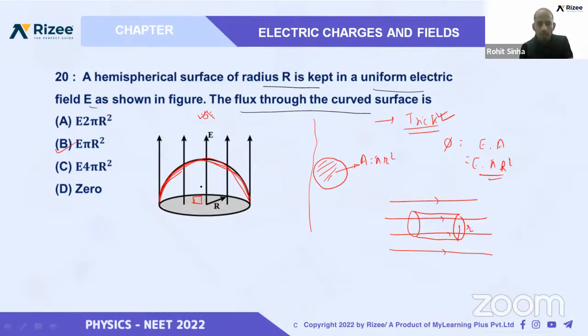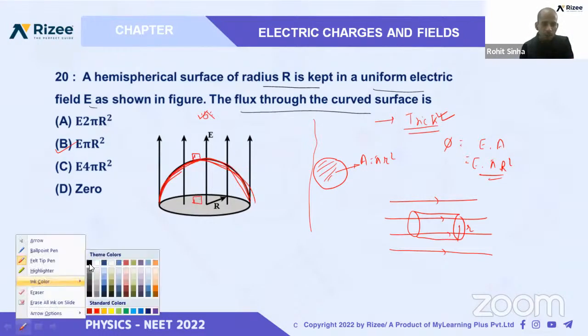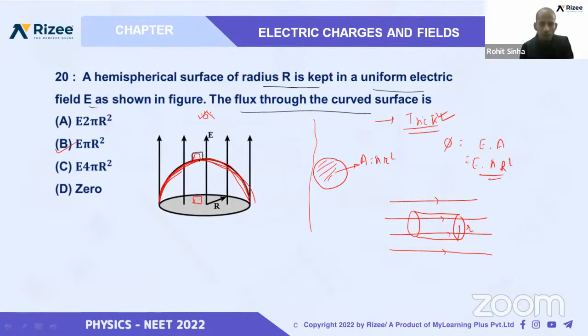You can see here, this is the curved surface. When you look at this, if we take any small area like this, area is always perpendicular to the surface, and the area will be dA along this side.